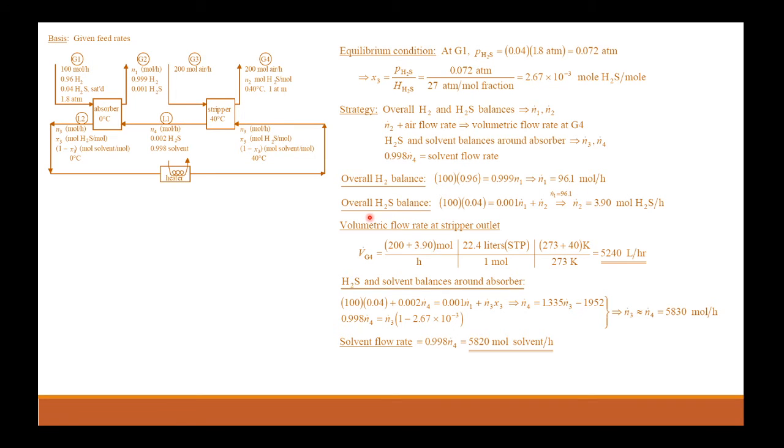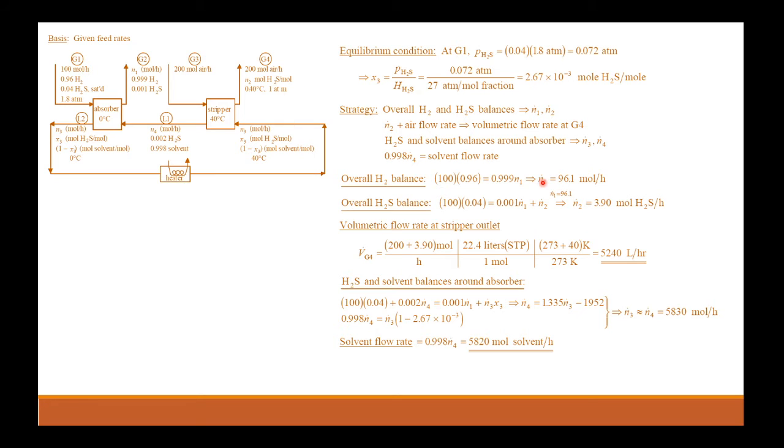And we can then do the overall H2S balance, which is 0.04 mole fraction of H2S in G1, and that equals 0.001 mole fraction of H2S at N1, which is given here at G2, plus N2, which is located at G4.